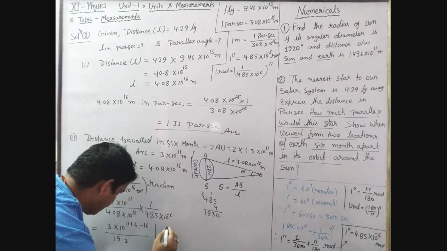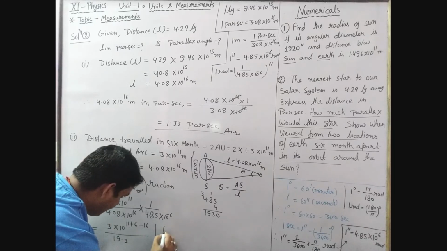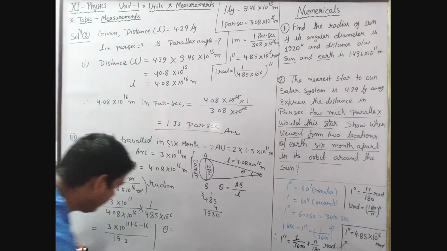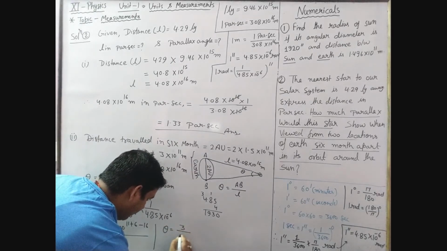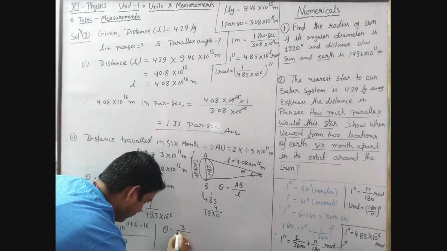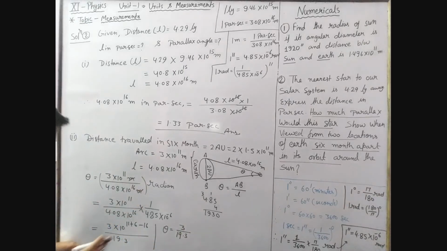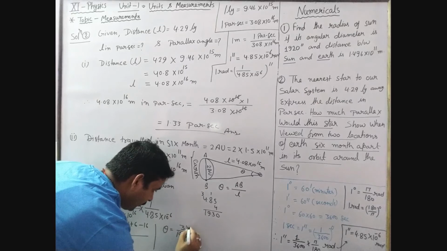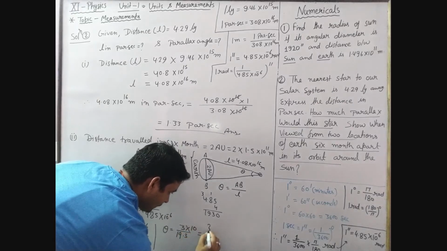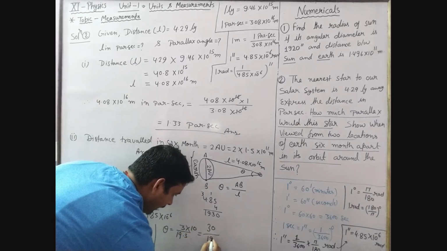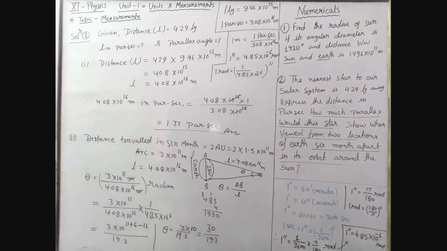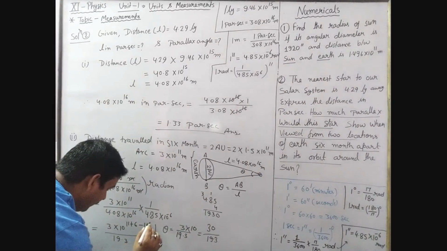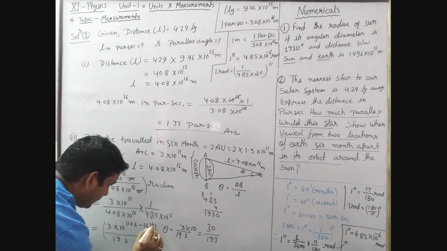Now theta is equal to 3 upon 19.3, and this will be 30 upon 19.3 after multiplying by 10. This whole value is in second.